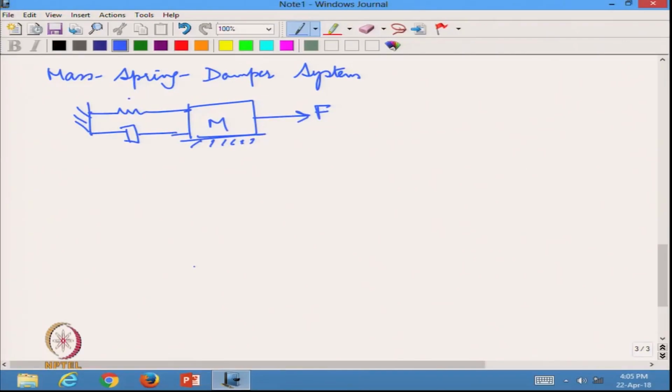Okay, so the spring constant is denoted by Ks, the damping constant is denoted by B, and we can easily write down the plant dynamics as m x double dot plus b x dot plus Ks x equals f. So, x here is say the position of the mass from this point on. Okay.